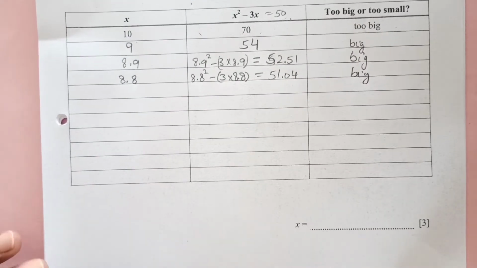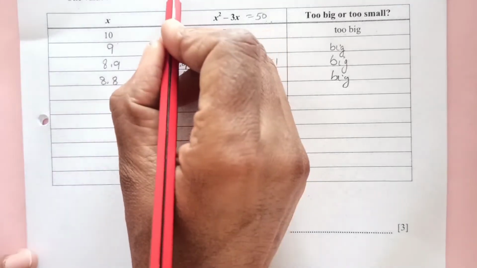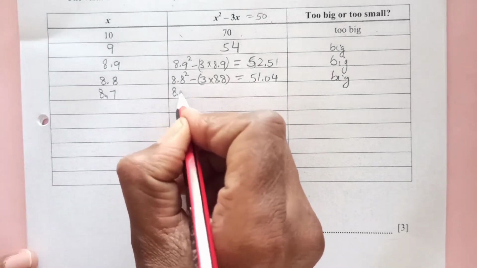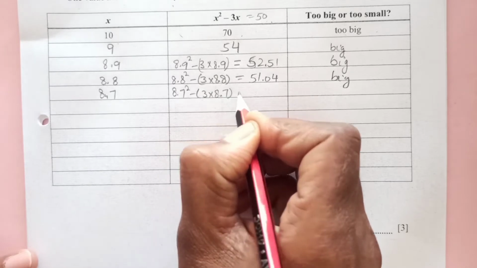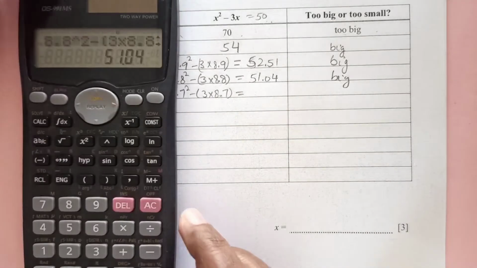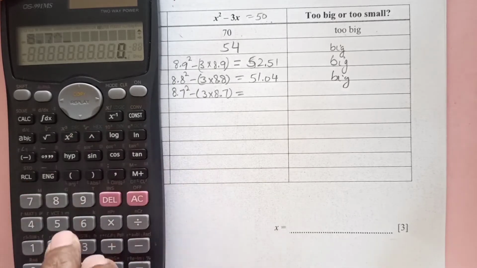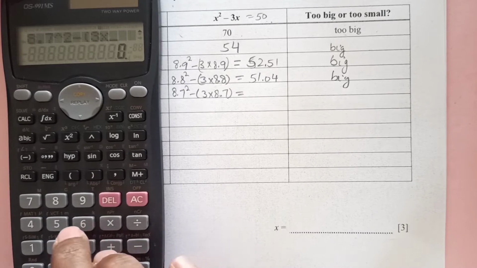So let's say 8.7. We need the answer correct to one decimal place. 8.7 squared minus 3 times 8.7. Let's see. 8.7 to the power 2 minus 3 times 8.7.